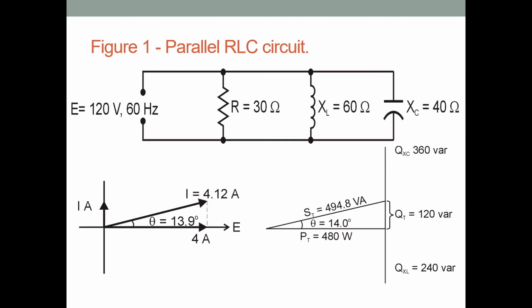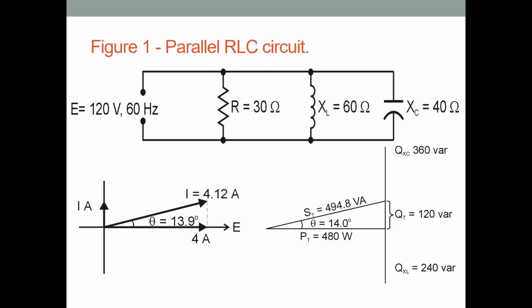We have now finished evaluating what this parallel RLC circuit is going to do, and we can compare our results with what our actual measured values of the circuit are. We should be able to measure how much actual current is here, as well as the current through each one of our 3 branches. And we should also be able to compare our measured values with our calculated values for our power as well, both for our VA, our watts, and our VARs.